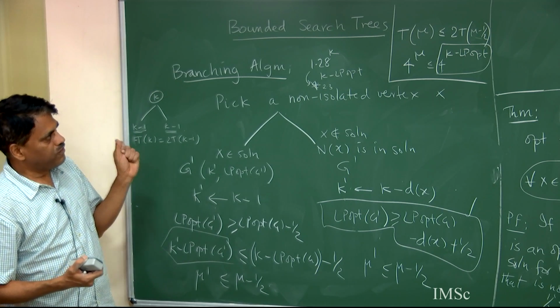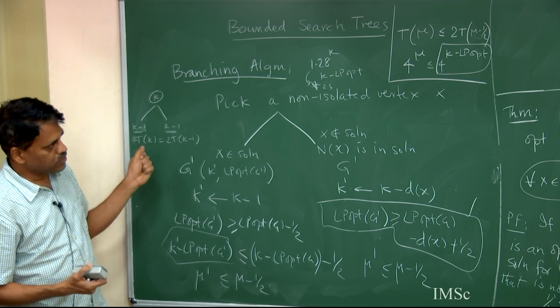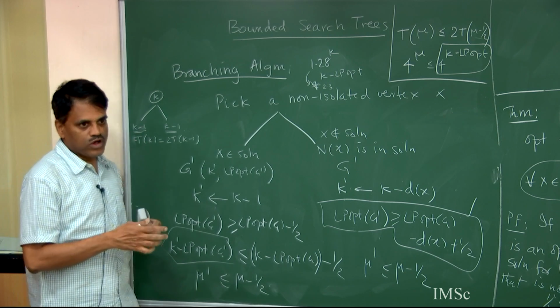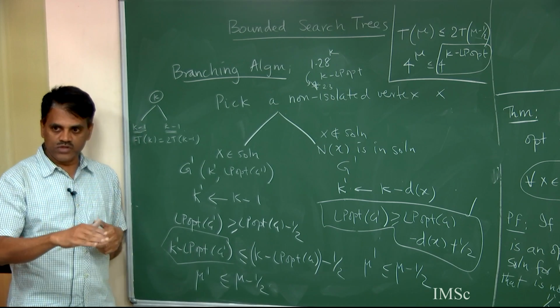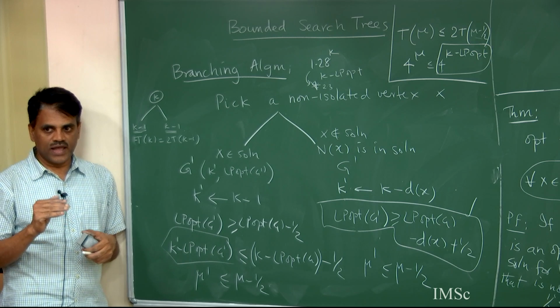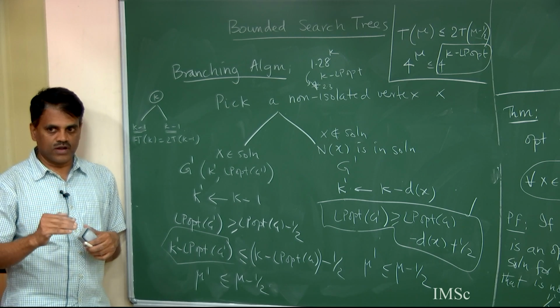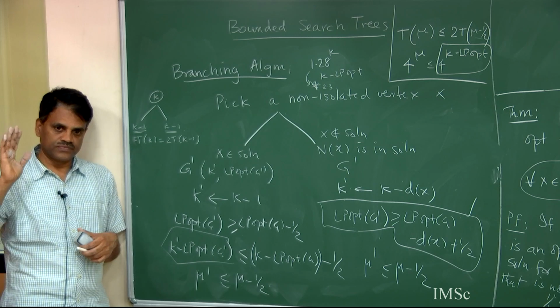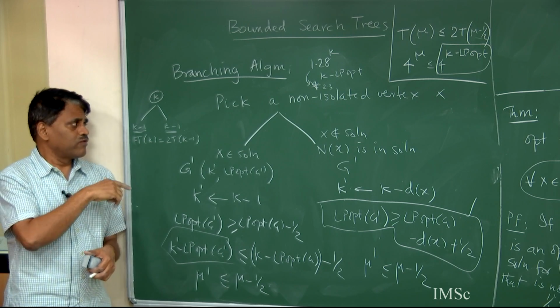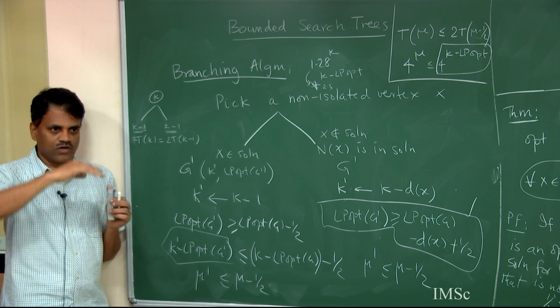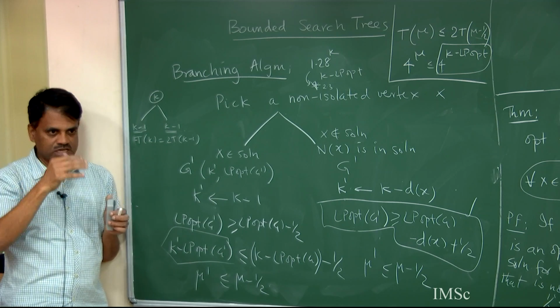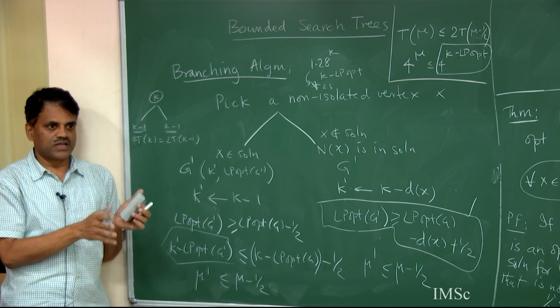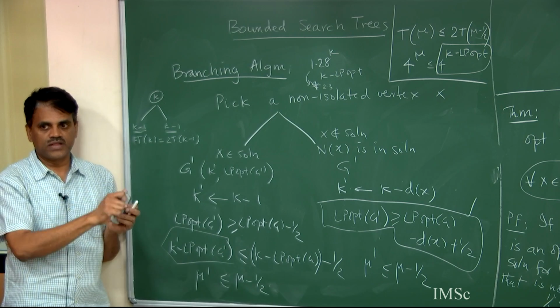So we did not do this carefully, but that's also important: whenever you are doing some pre-processing rules, make sure that the k remains the same or decreases but does not increase. We did check this when k was the parameter, in all our earlier branching algorithms or in the Buss kernelization, k always remained the same or it dropped.